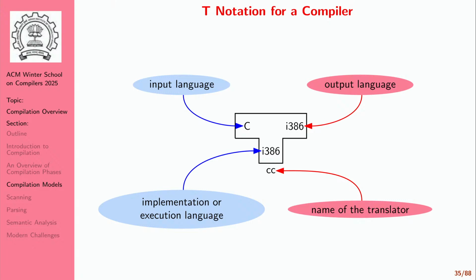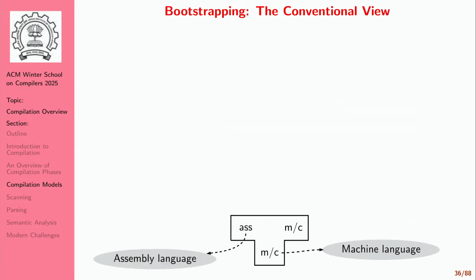So the way it typically happens is that you have the first compiler. The first thing that you do is you take an assembly program as the input and you produce machine code as the output, and you write this in the machine language.